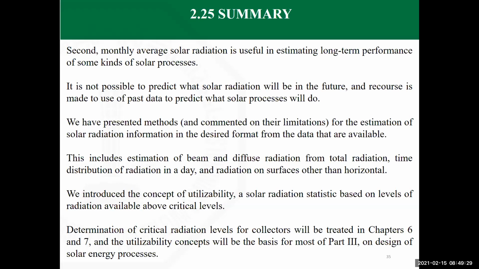And finally, we talked about the concept of utilizability and making sure that the solar collector that you have, after the losses to the surroundings, is still able to do the work of heating a certain fluid that is passing through. So that was basically what we have covered in this chapter.